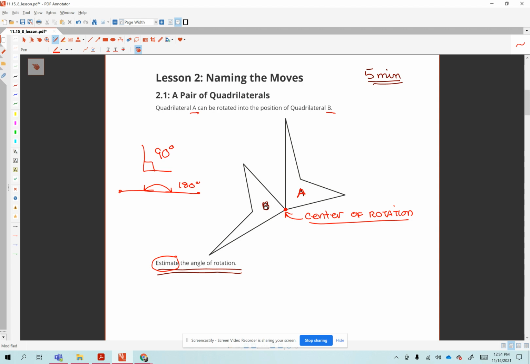So let's take a look at figure A. I'm going to use the highlighter for this. We have this base of figure A coming out of the angle of rotation. And if I were to extend that line straight across, this would be 180 degrees.